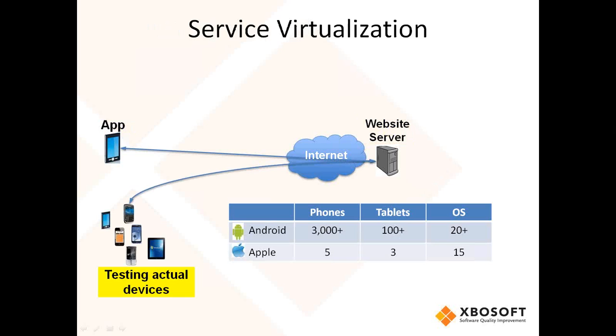Same with tablets and OSs. 2.4, 2.5, 3.1, 4.0. It seems almost endless. And combinations, these numbers are way low. There's OS 5.1, now we're at 6. So it's very, very hard to test the full range.